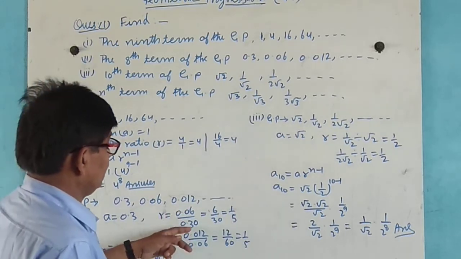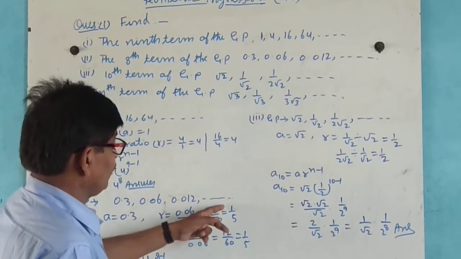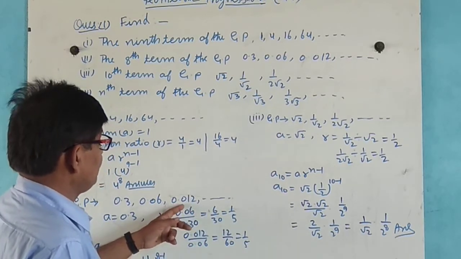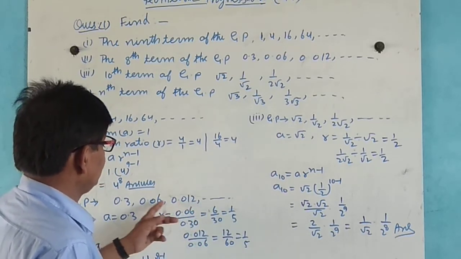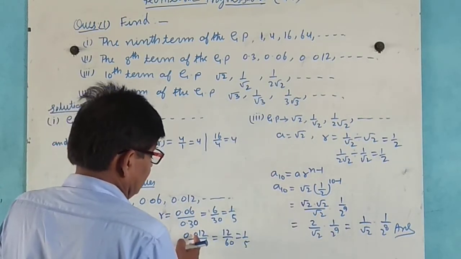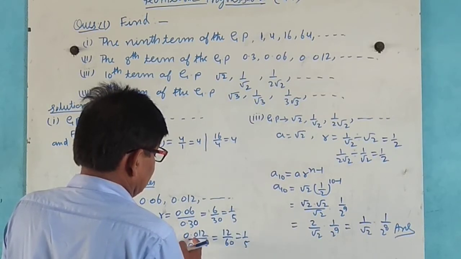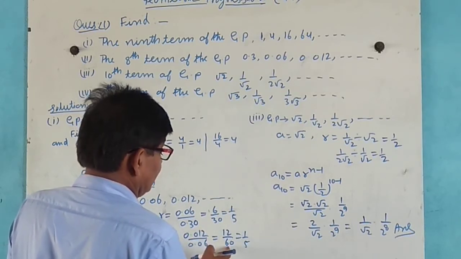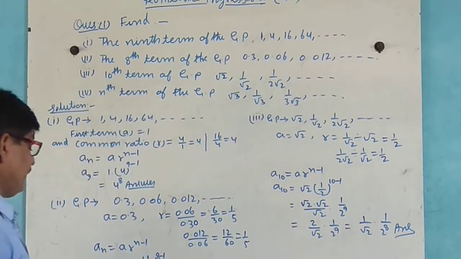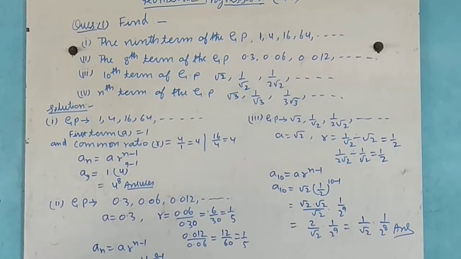So removing the decimal, it is 6 by 30, that is 1 by 5, or 0.012 divided by 0.06: here this is 3 digits and 2 digits, so it becomes 12 by 60, that is 1 by 5. Now the general term an is equal to a r to the power n minus 1.